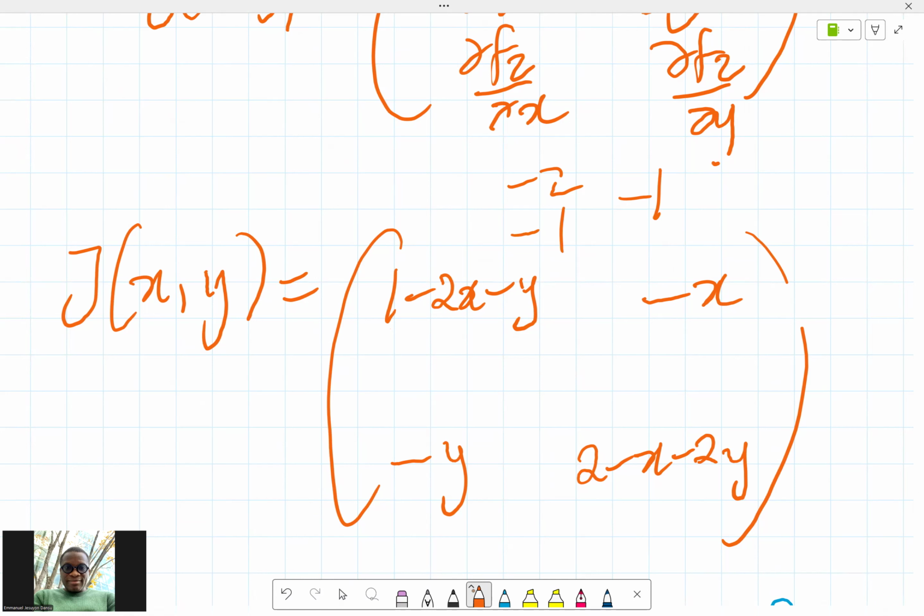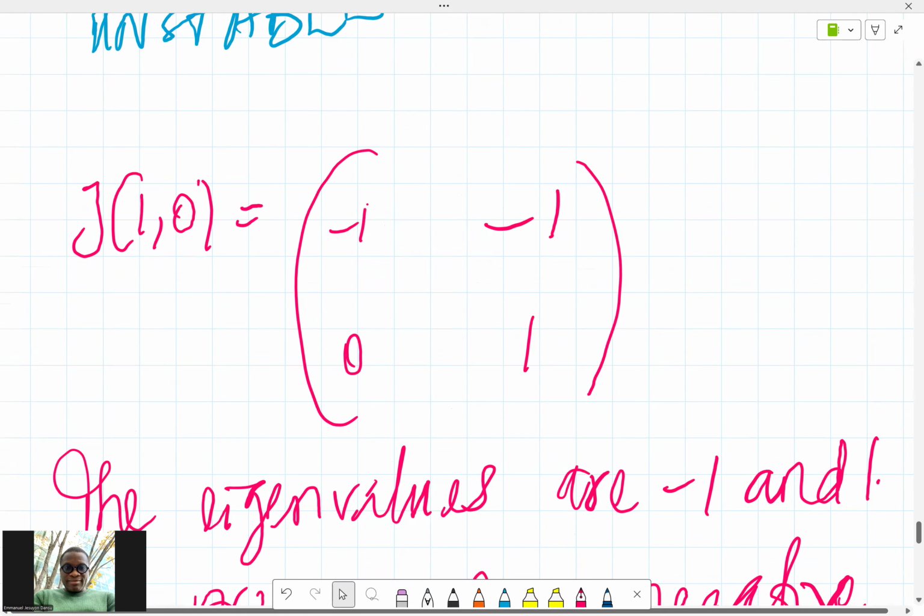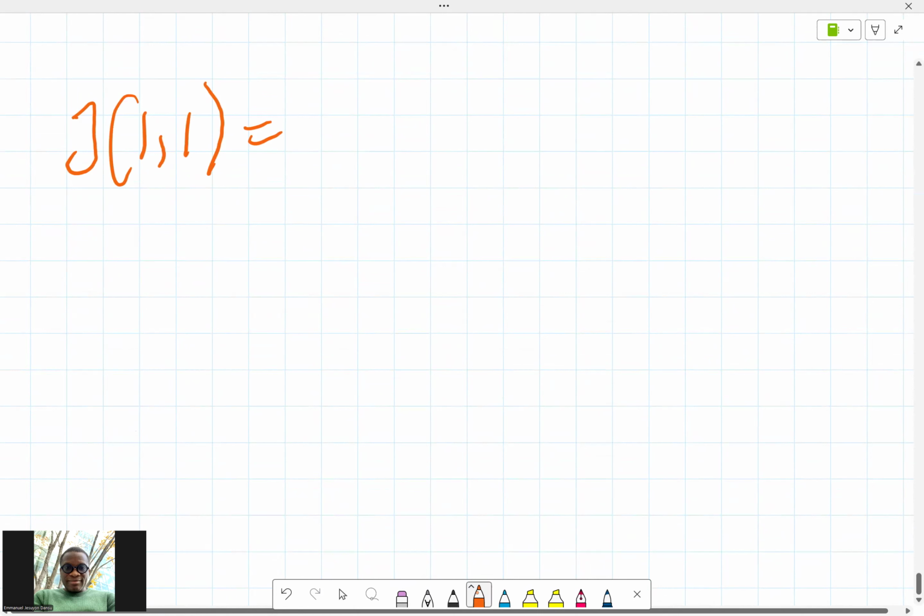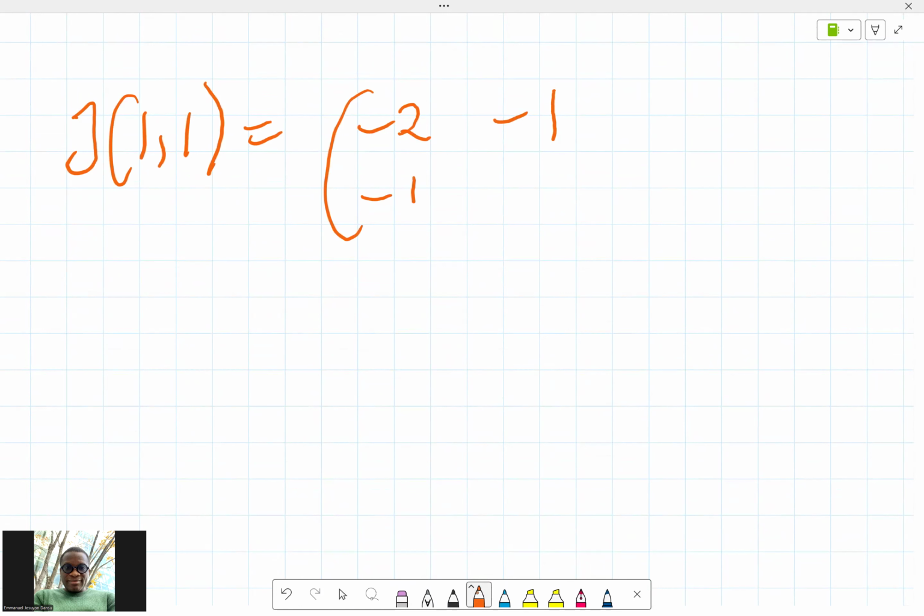And then this is 2 minus 1 minus 2, that is 0. So that's minus 2, minus 1, minus 1, 0. That's also easy because of the 0 down here, we have a triangular matrix. So you can just read off the eigenvalues along the principal diagonal. So we have J11 to be minus 2, minus 1, minus 1, 0.